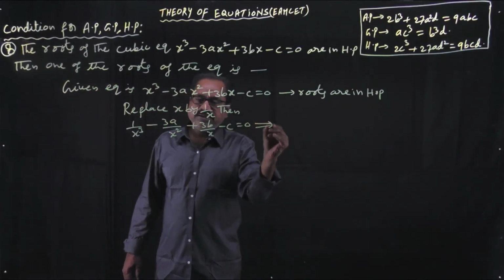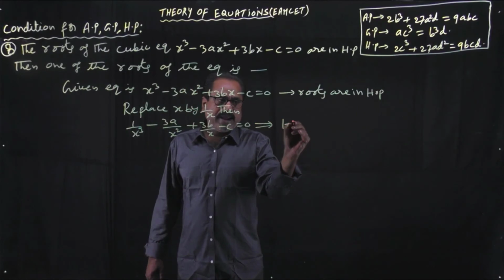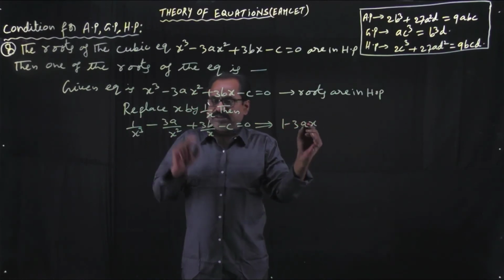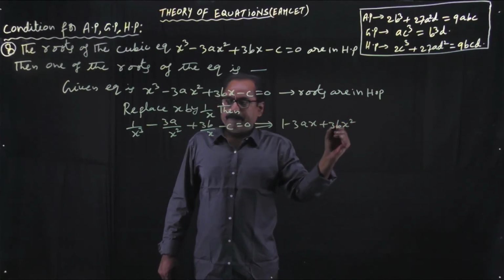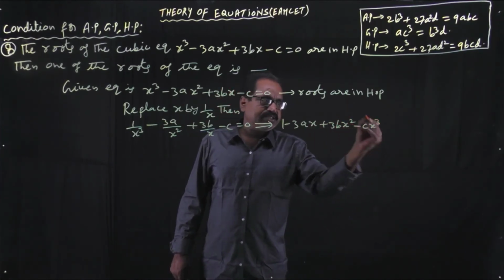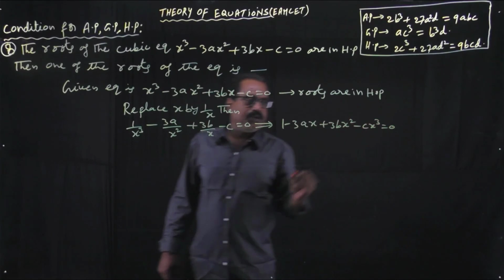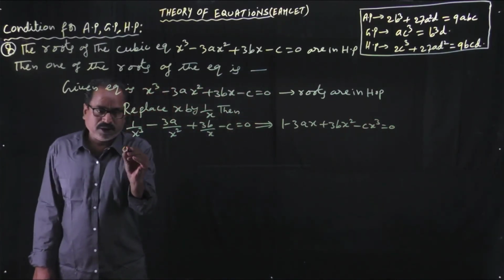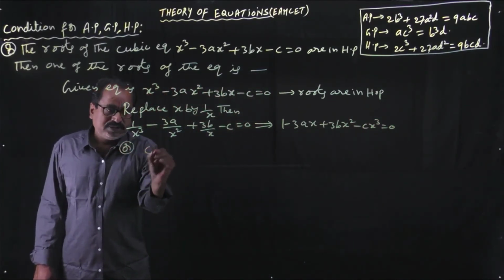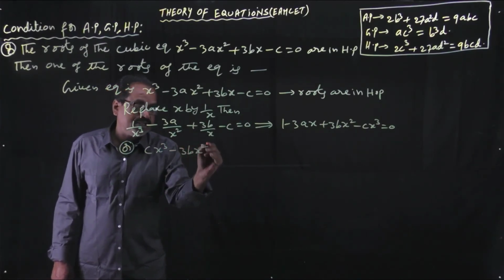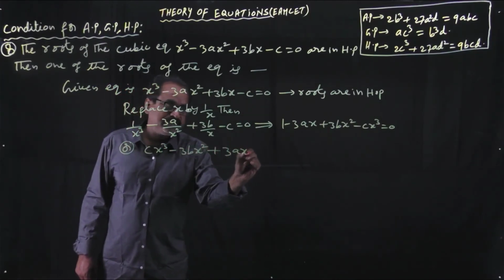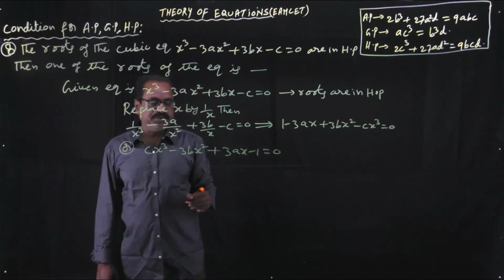This implies 1 minus 3ax plus 3bx square minus cx cube is equal to 0, or cx cube minus 3bx square plus 3ax minus 1 is equal to 0.